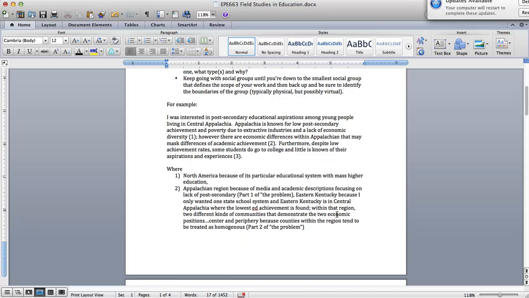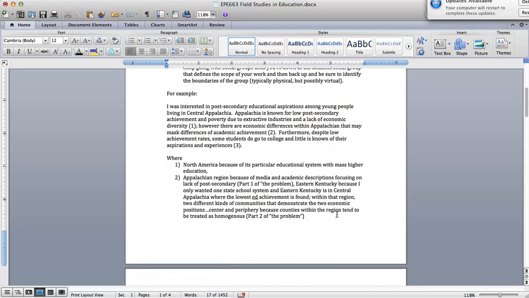So one of my arguments in my rationale for my research is that Appalachia has diversity within it, that it isn't one homogeneous economic space. And so that gave me the rationale that I wanted to look for communities within the state region, Eastern Kentucky, that were economically different or positioned in economically different ways, following a theory of center and periphery.